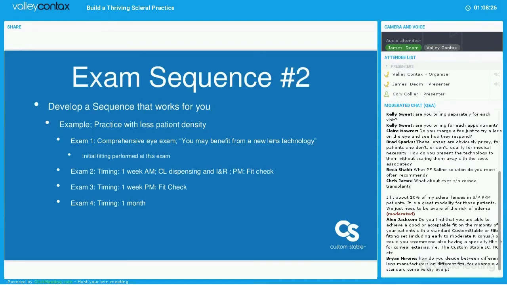The next question from Alex and Brian are kind of the same. They're talking about the types of lenses, the types of designs for different types of patients.